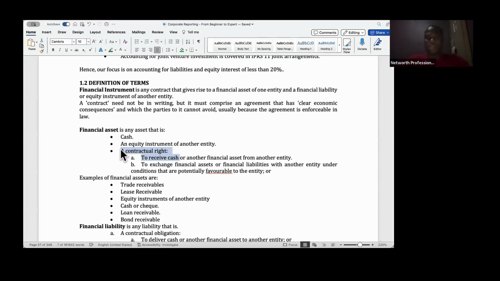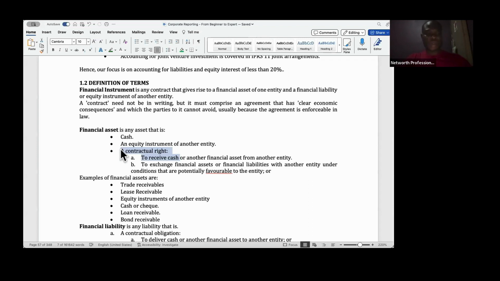You don't have to do anything. What can give you this contractual right is majorly when an entity lends another person money.